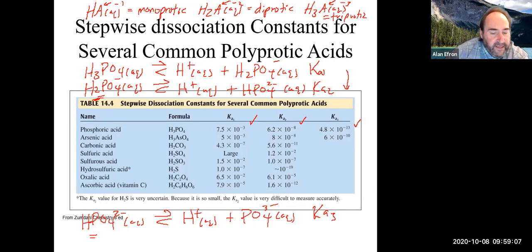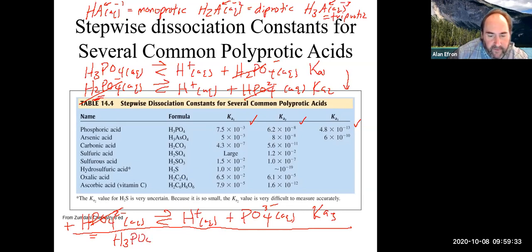Although we don't usually think of this as a stepwise dissociation, that's because what we think about when we look at something like this is that we add up all these reactions together. What ends up happening is this guy cancels, this guy cancels, and what we're left with is what most people visualize as the overall reaction: H3PO4 will give you your 3 H pluses and your phosphate.